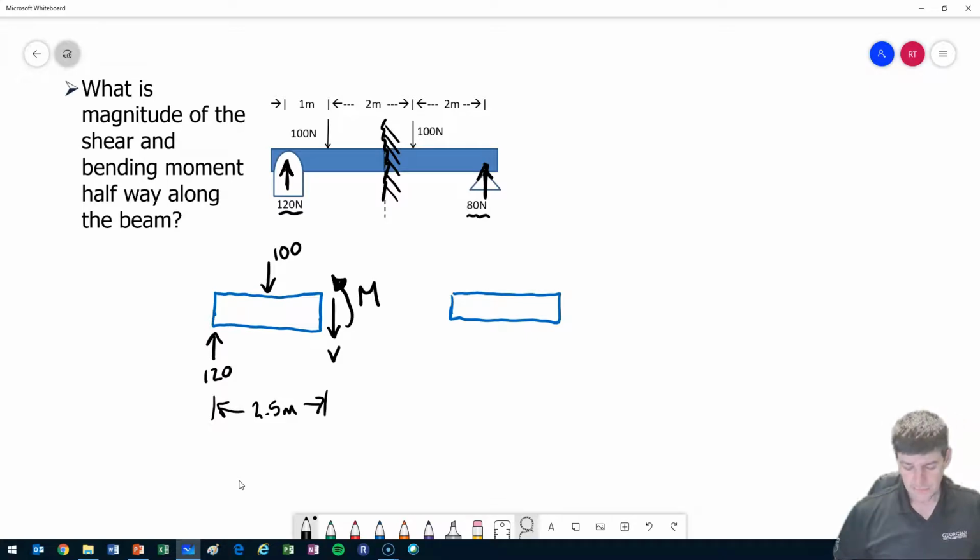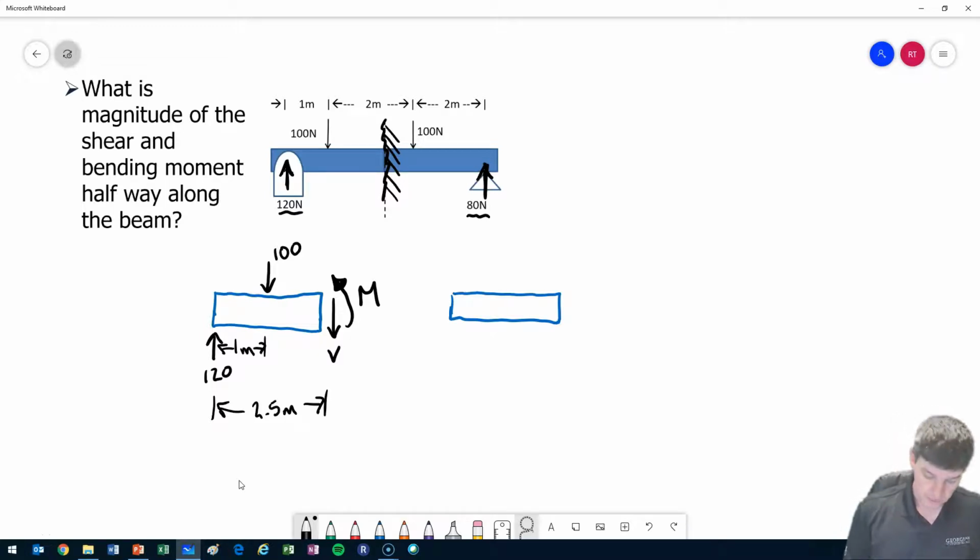And I may want to go and do some measurements at some point to understand exactly where that 100 Newton force is, but I do know it's at a distance of 1 meter here. Okay, so that's my left-hand side. My right-hand side, same thing.